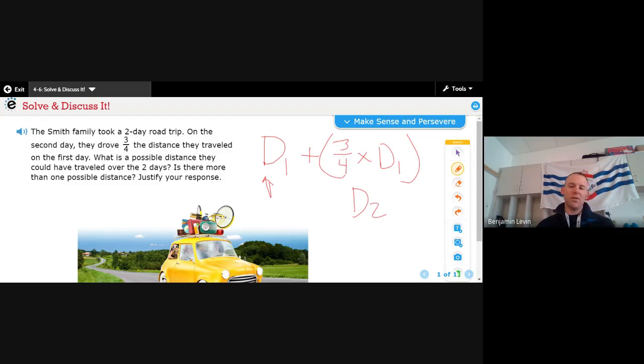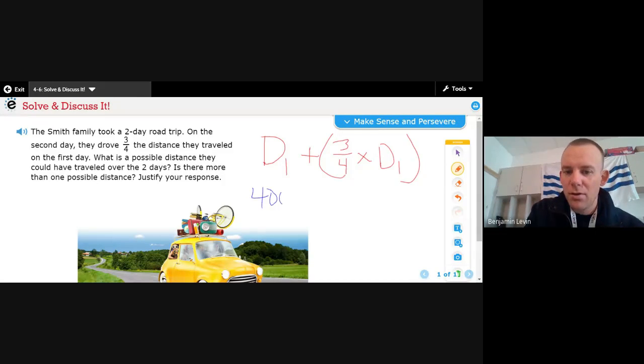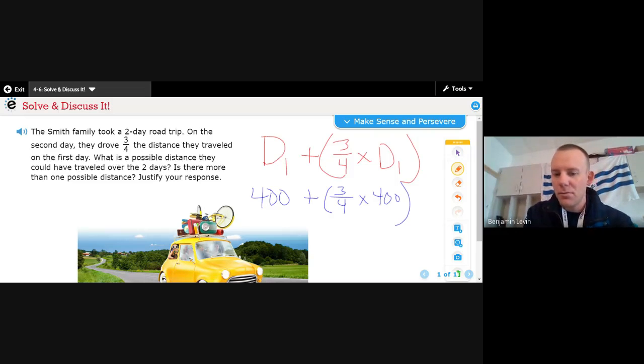There are infinite possibilities here, right? Let's say they drove 400 miles. 400 plus, if they drove 400 miles on day 1, then day 2 is 3/4 of 400, okay?